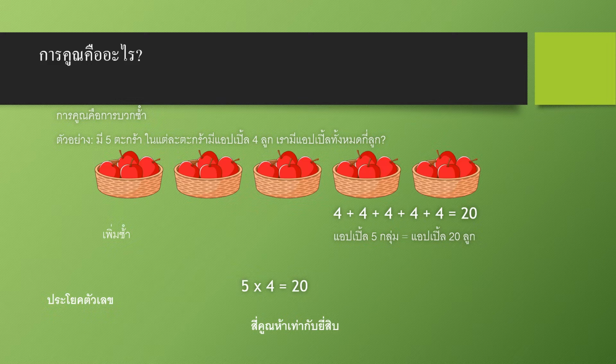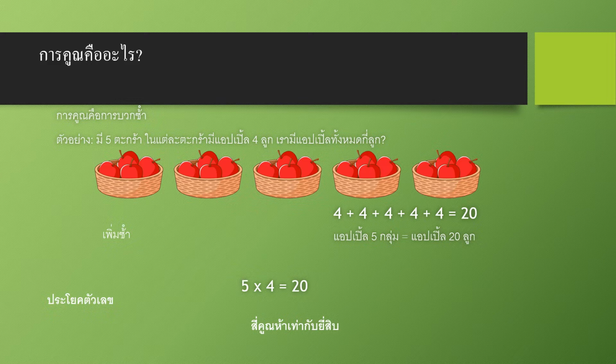So it is 5 baskets with 4 apples in every basket. So 5 times 4, 5 times 4 equals 20.